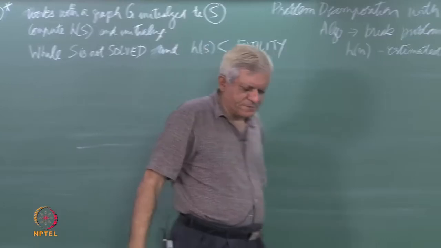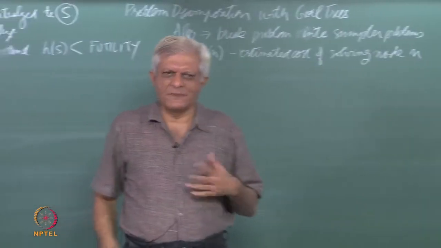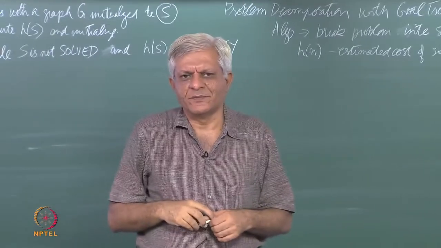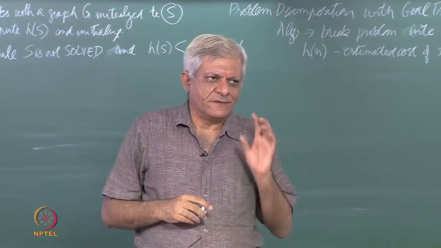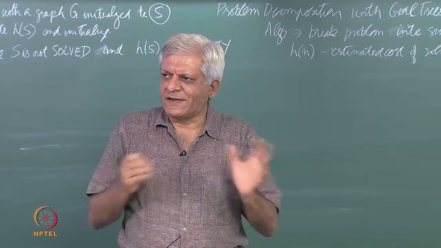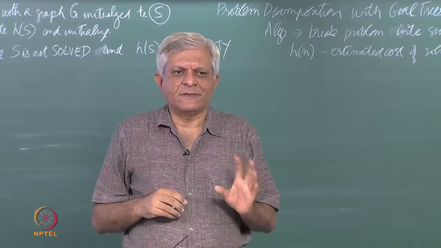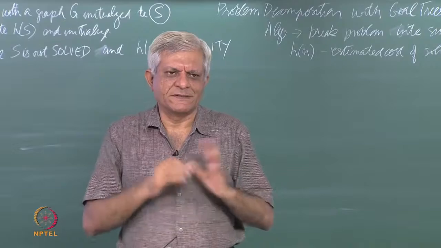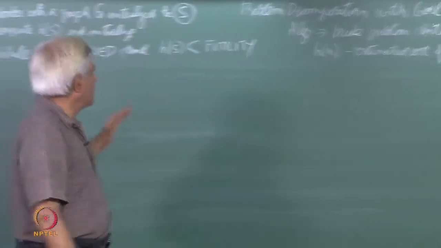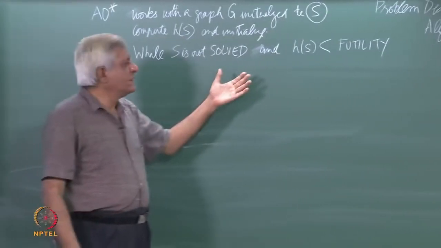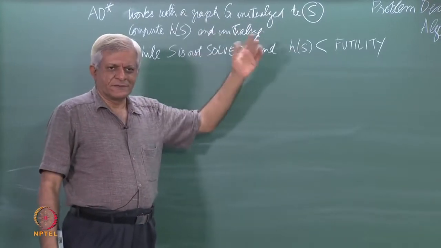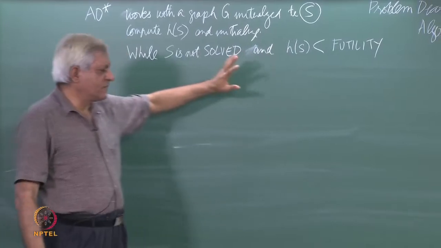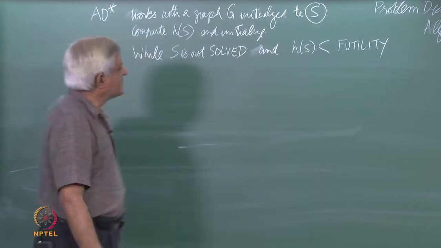If you look at for example, Rich and Knight, the book which describes this algorithm that I am describing here, we use some value called futility which says that basically we do not want a solution which is more expensive than this value. So, we are going to look for a solution whose value is less than this number called futility essentially. So, that is just an additional thing that we are using.